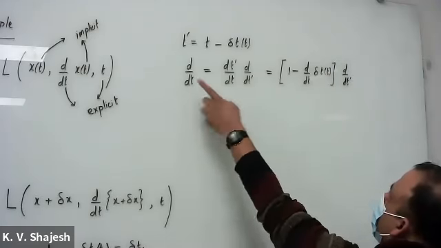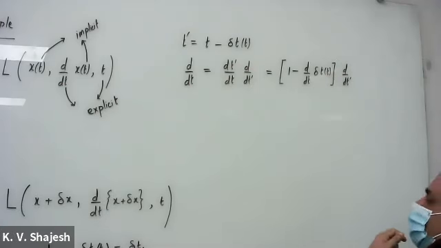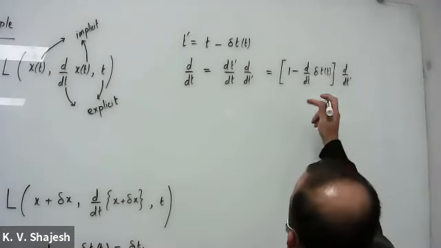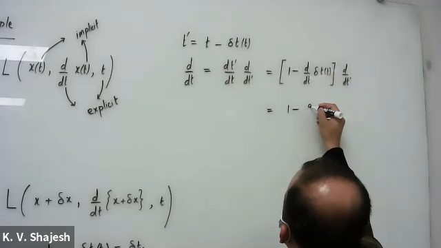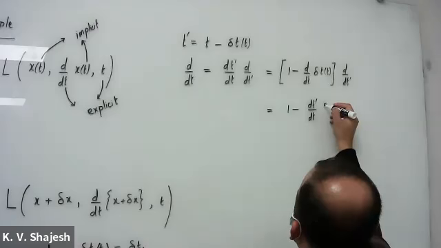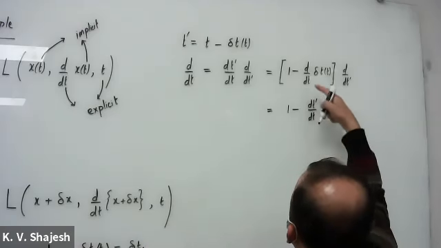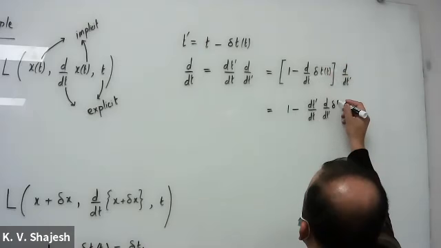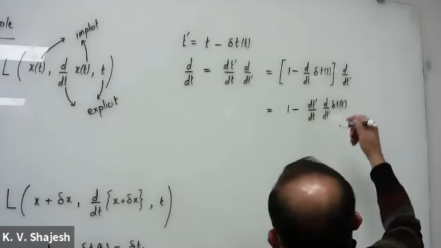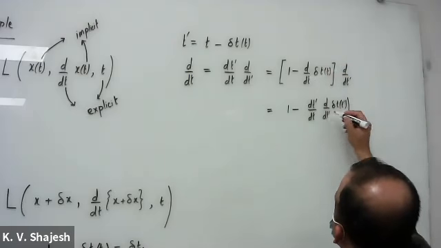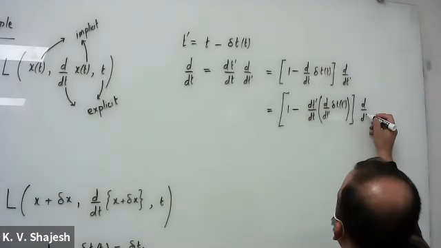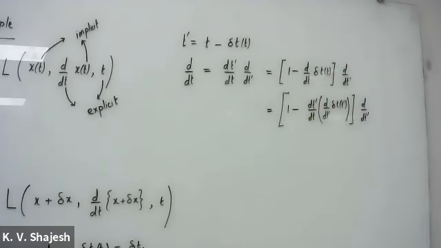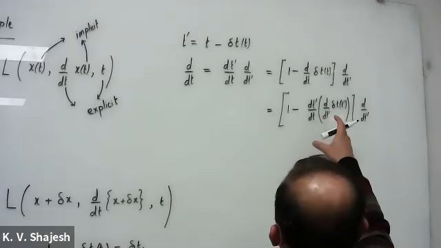But the goal is to write everything in terms of t prime. So I should be able to get this also in terms of t prime. Again, use a chain rule. That's equal to 1 minus dt prime over dt times d by dt prime. And of course, this has t prime dependence in here. I can replace t prime and t whenever I want to. Times d by dt prime again put in there, but that's a higher order term.